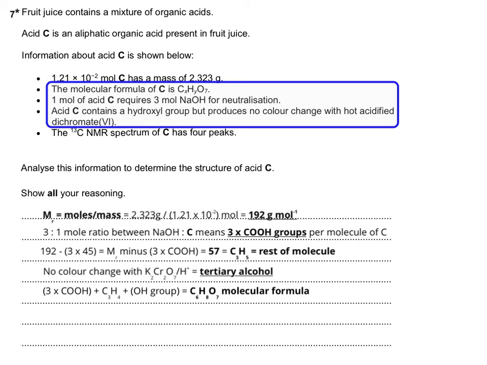So if we worked out that C3H5 is the rest of the molecule, but at the same time it contains a hydroxyl group we haven't accounted for yet, that now means that the hydroxyl group must be a tertiary alcohol, and if you take 3 COOHs plus an OH group, replace one of the hydrogens in the C3H5 to make it C3H4, that gives a C6H8O7 molecular formula.